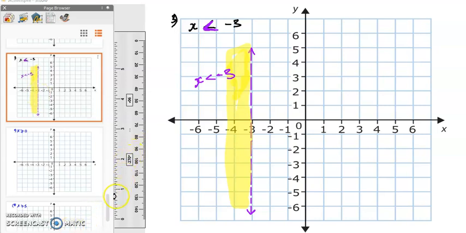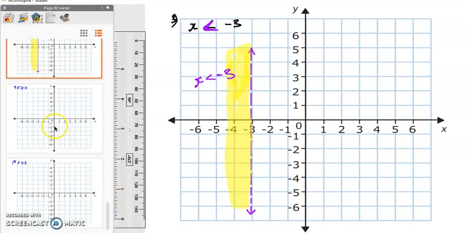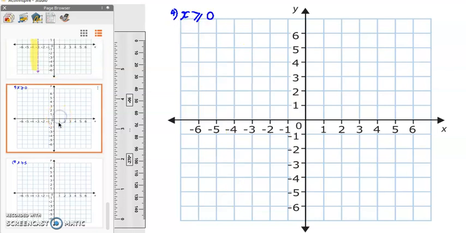So let's do two additional examples to finish off what we're doing, which is to graph the solutions of linear inequalities in one variable on a graph.